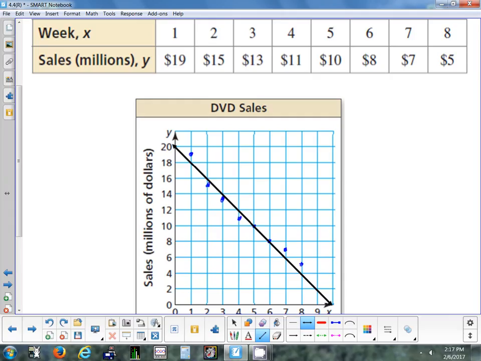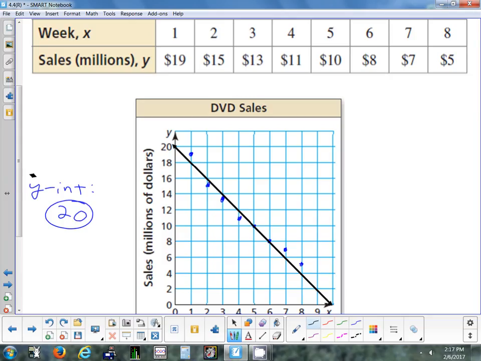All right. Can anybody remind me, what are the 2 things I need to find? Slope and y-intercept. Okay. Does anybody see the y-intercept? Yeah, looks like this graph crosses at 20.